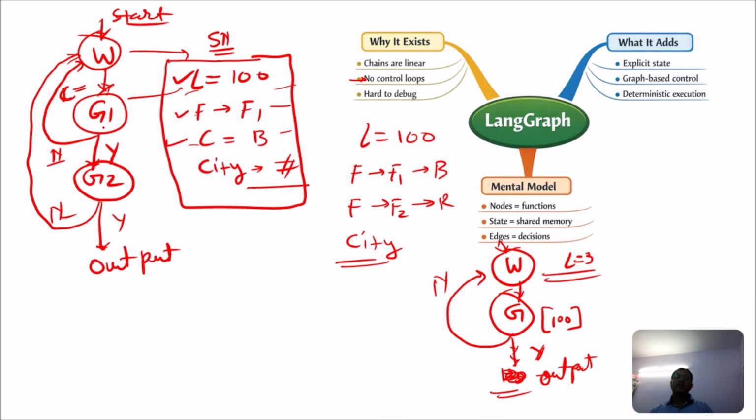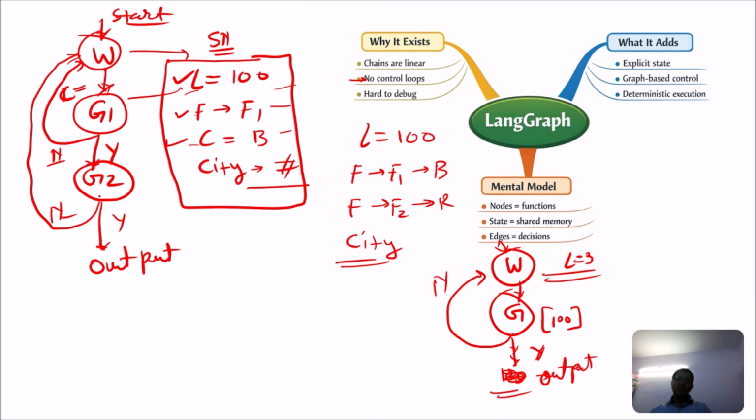Then the grader contains some conditional edges. Two conditional edges are there, yes and no. If something is not present, then no. If everything is present, then yes, and it passes to grader 2.